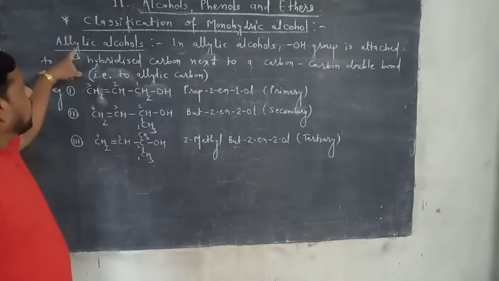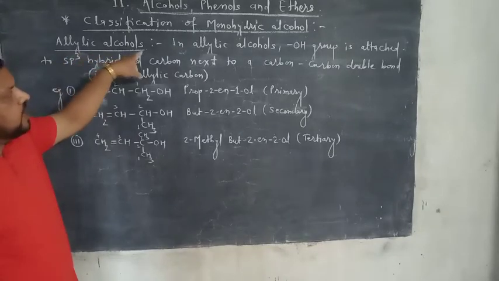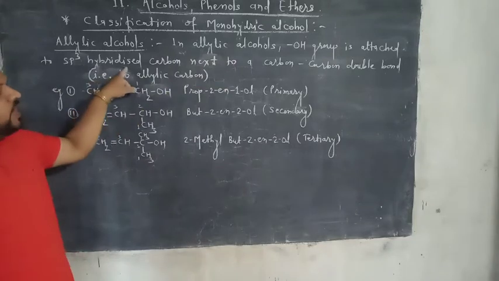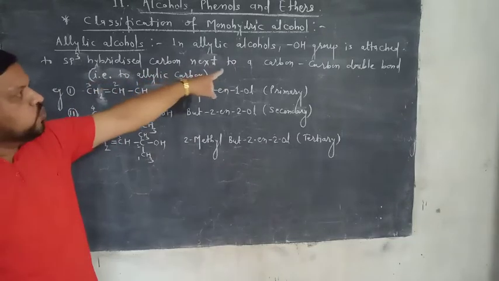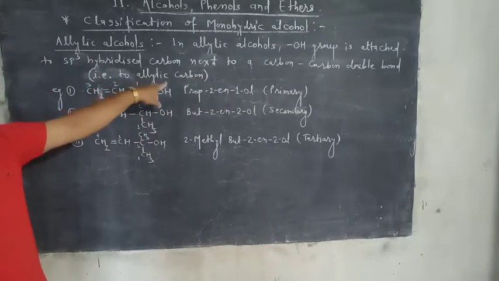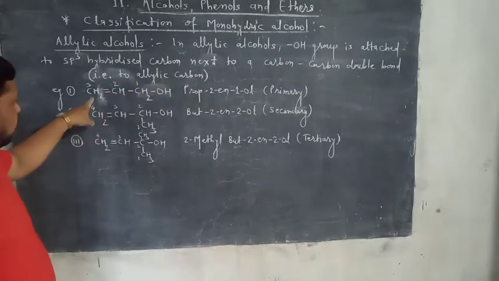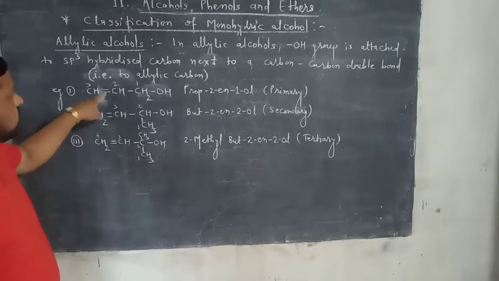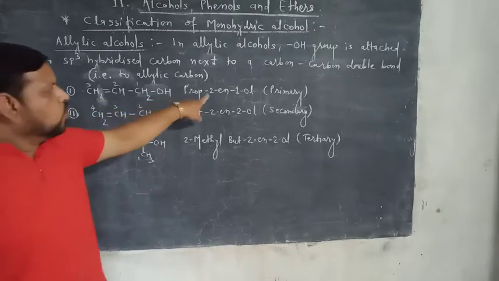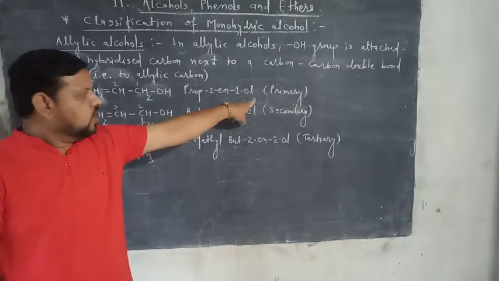Then allylic alcohols. In allylic alcohols, the OH group is attached to an sp3 hybridized carbon next to a carbon-carbon double bond, that is, an allylic carbon atom. See here. First example, CH2=CH-CH2OH, called prop-2-en-1-ol.